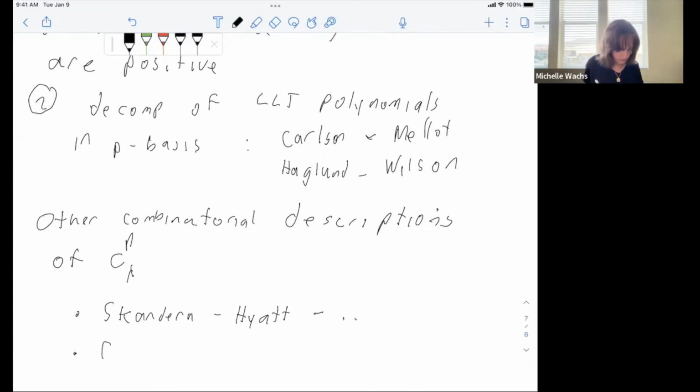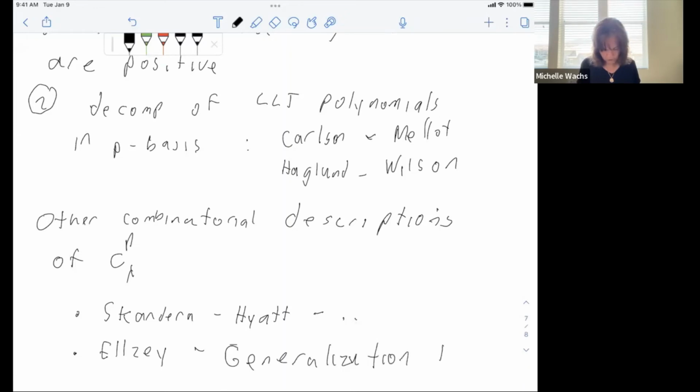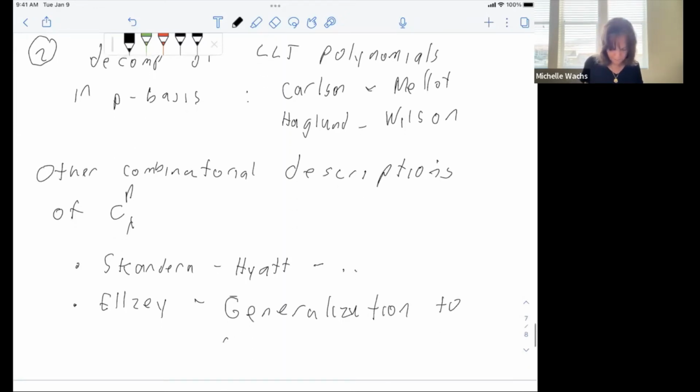And the other is due to my former student, Brittany Elsie. And she gives another combinatorial description, which she obtained by considering a generalization to directed graphs. I'll talk more about that next time, about her generalization, her decomposition in the P basis.